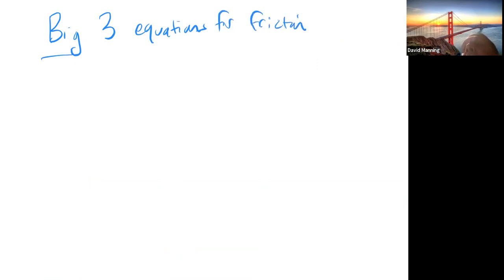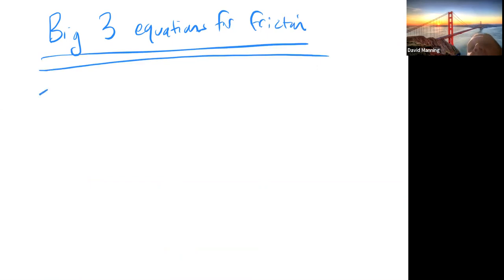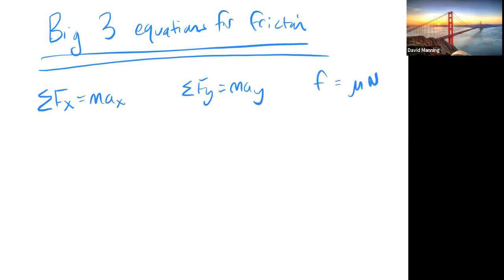When solving friction problems, you're always going to use three equations. We'll call these the big three. Number one, sum of the forces in the x equals ma_x. Number two, sum of the forces in the y equals ma_y. And number three, F equals mu N. Now this can be s or k, depending on the surface.